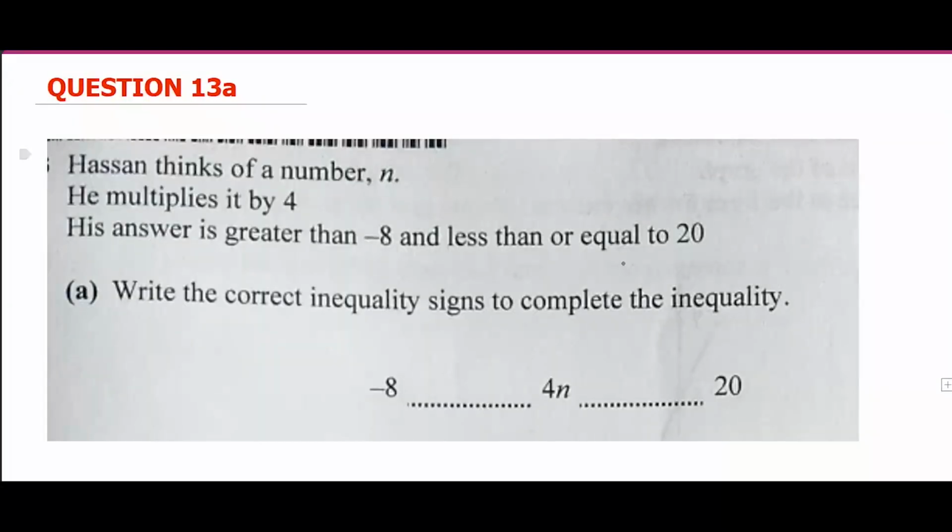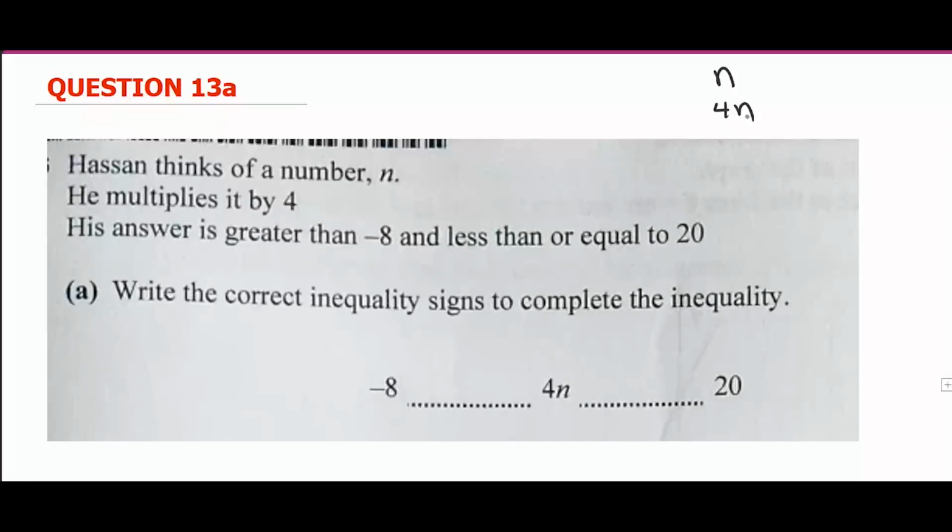13a, Hassan thinks of a number and he multiplies it by 4. His answer is greater than -8 and less than or equal to 20. Write the correct inequality signs to complete the inequality. Okay, the interpretation is this. Hassan thinks of a number, he has n. So when he multiplies it by 4, the number becomes 4n. Now, this 4n is greater than -8.